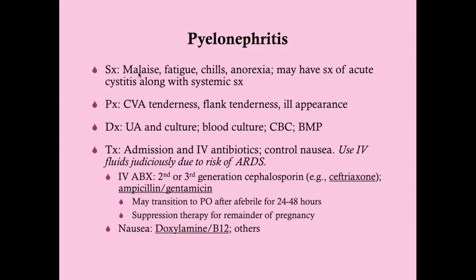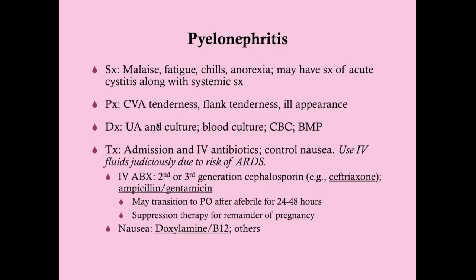So the symptoms include malaise, fatigue, chills, anorexia, indicative of a systemic infection, and they may have symptoms of acute cystitis as well. This is affecting the bladder and then ascending up to the kidneys. Physical exam will usually reveal CVA tenderness, flank tenderness, and of course they'll appear ill.